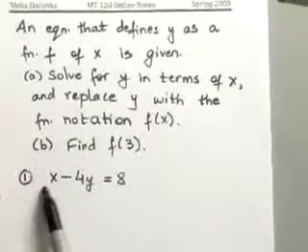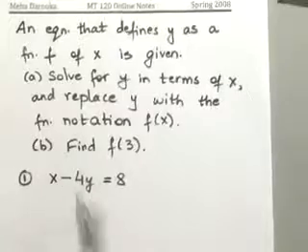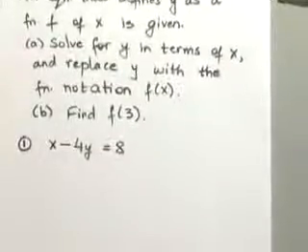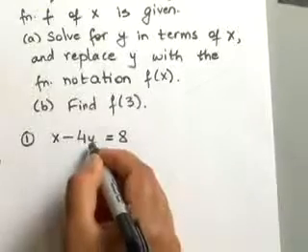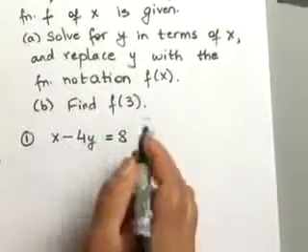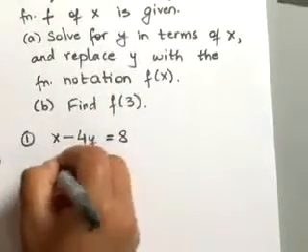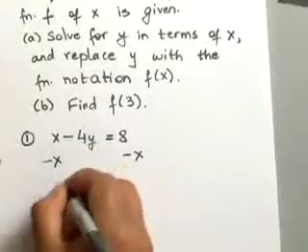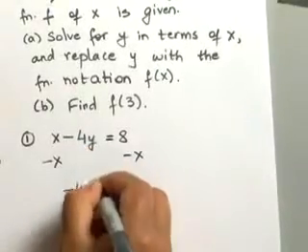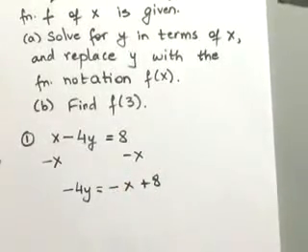Okay, so we're looking at this example here, this equation, x minus 4y equals 8. The first thing you want to do is solve this equation for y, which means get y by itself and move everything else over to the other side. We will start out by moving our x over, which will give us negative 4y equals negative x plus 8.